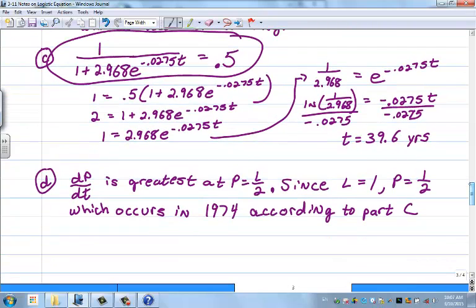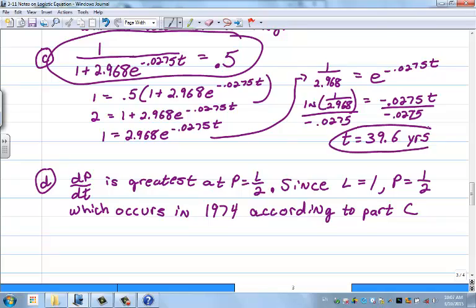This asks, when is the population growth, when is dp/dt the greatest, all right? So when is the land being used at the highest rate? So dp/dt is greatest at P equals L over 2.